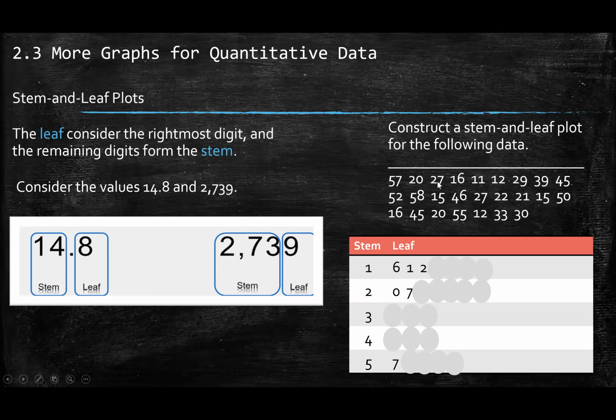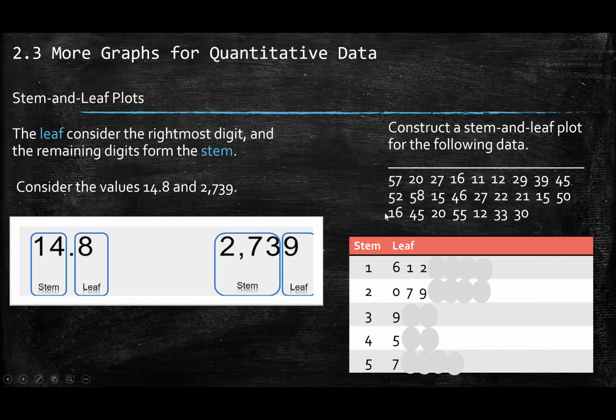Basically, you go into your individual data, and the next number I have is 29, I go to the 2, I write a 9. The next number is 39, I go to the 3 and write a 9. The next number is 45, I go to 4 and write a 5. Everybody see, I finished my first row. Once I have it, I go in and write the right number, okay?